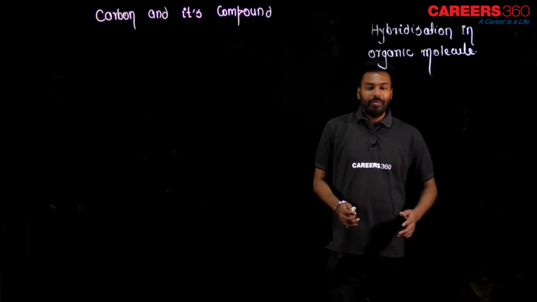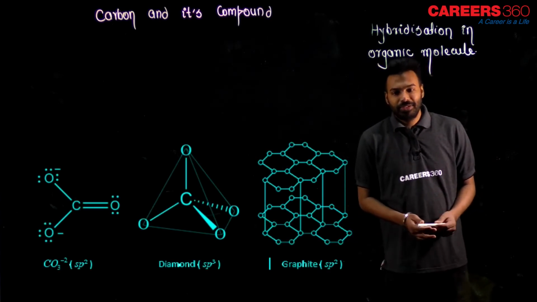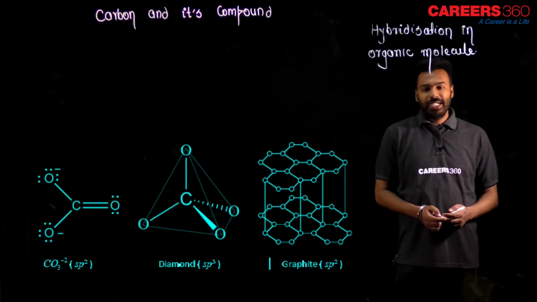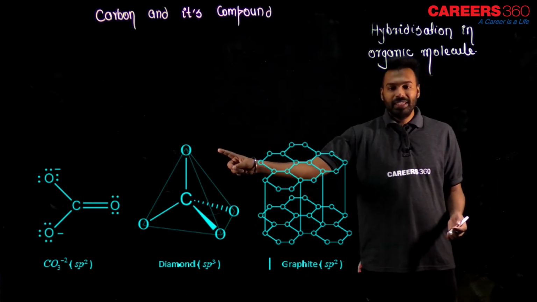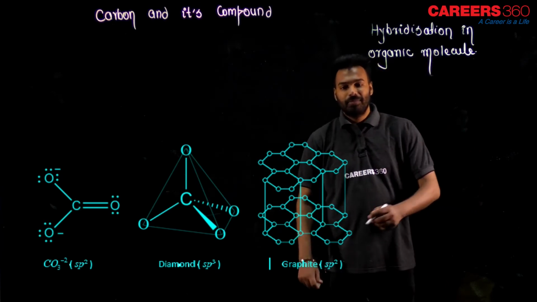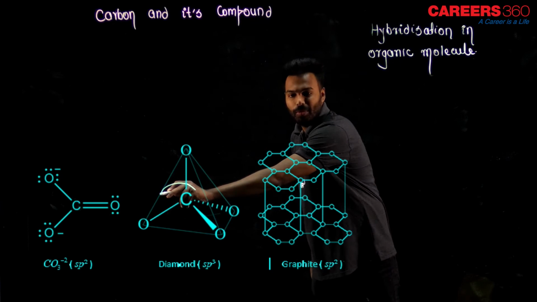Let us see the hybridization in diamond and graphite. You must have heard the words diamond and graphite. See dear students, can you see the diamond structure? In the diamond structure, this particular carbon is connected with single bonds only.